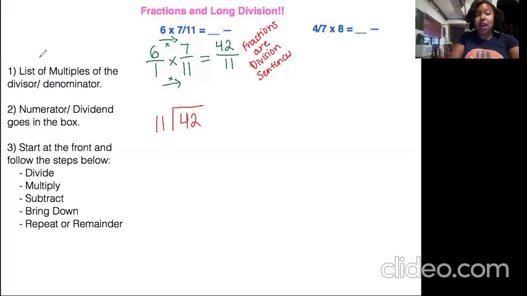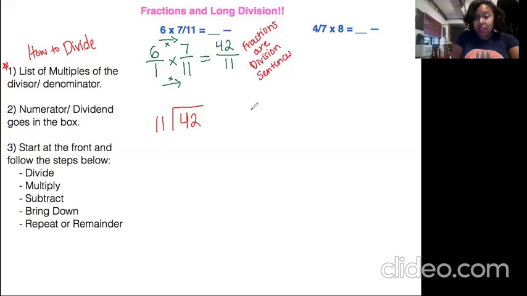Now, here is how we divide. Okay, and we're going to do it with long division. Now, this is a trick that I like to use. I just write a list of all the multiples of that divisor, and it's going to help me. Okay, so this one's kind of going to be a small one.